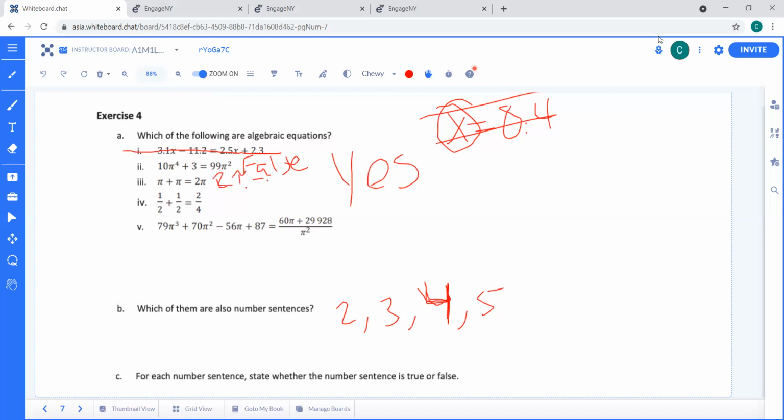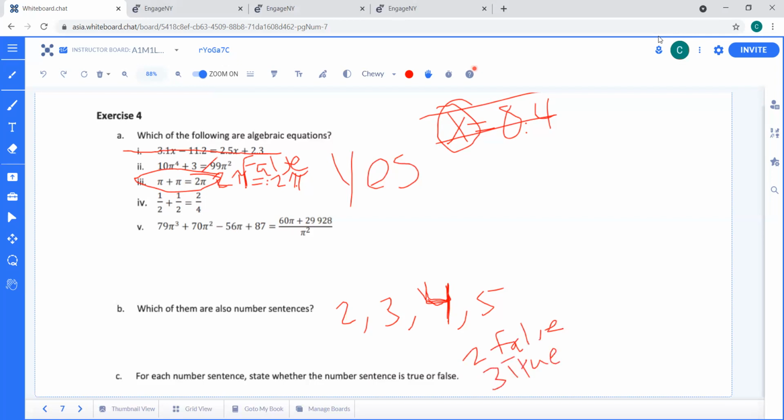So 2 pi equals 2 pi. So that works out. That's a true statement. I'm going to put the line through that one. So first of all, number 2 is false. 3 is true.